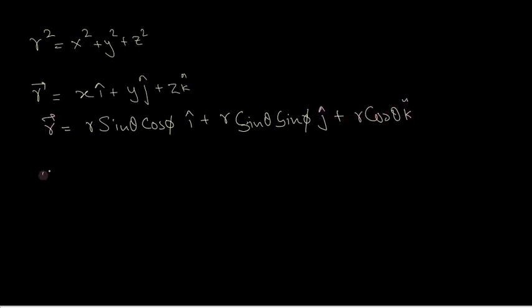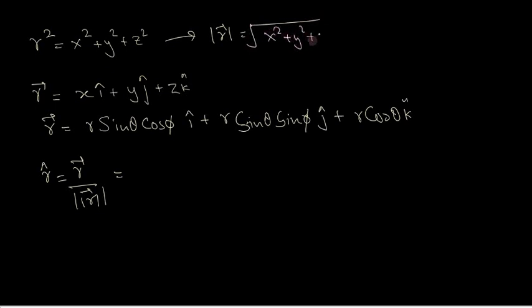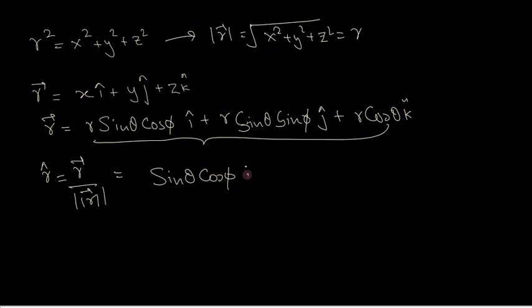Now r cap is the r vector divided by the modulus of r vector, and the modulus of r vector is the square root of x square plus y square plus z square, which is nothing but r. So if you divide by r, you will get sine theta cos phi i cap plus sine theta sine phi j cap plus cos theta k cap.